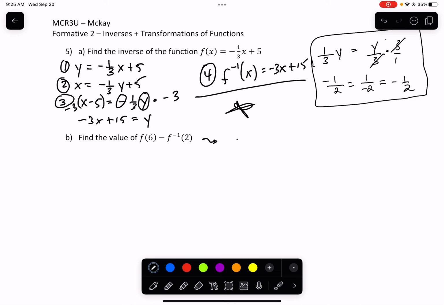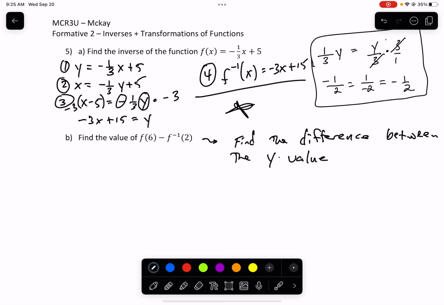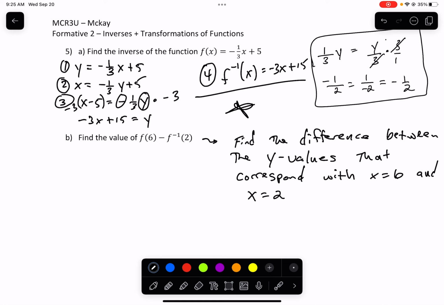This is going to say find the difference, you can write this or not, it's up to you, between the y values that correspond with x equals 6 and x equals 2 in each of their respective functions. That's all that's asking you for.